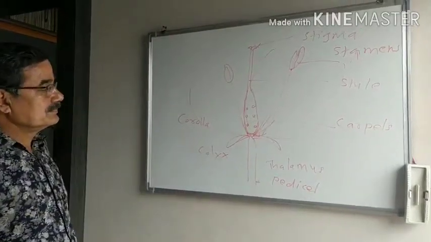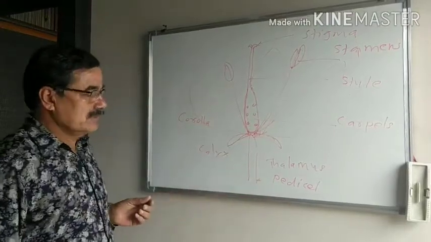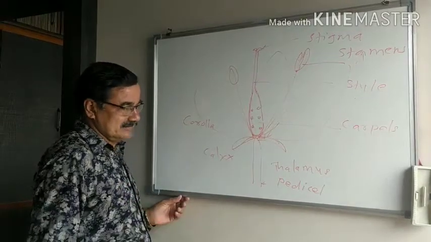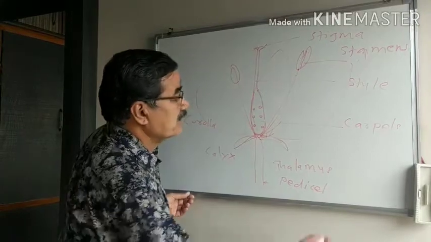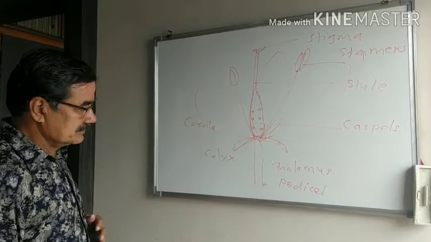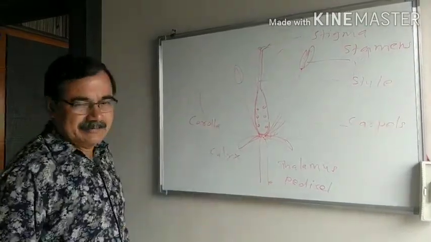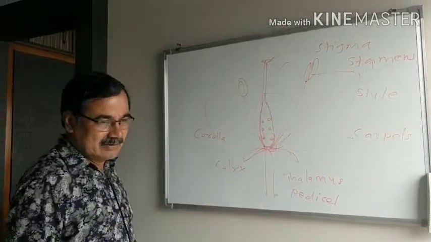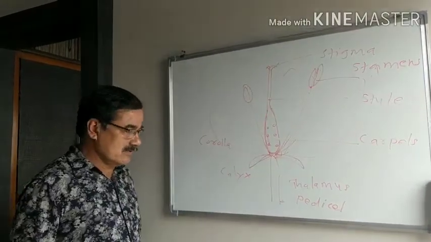When the pedicel is present in the flower, the flower is said to be pedicellate, like rose flower and hibiscus flower. Pedicel is known as stalk. In some flowers, this pedicel is absent. The flower is known as a sessile flower. An example of the sessile flower is the tuberose flower.